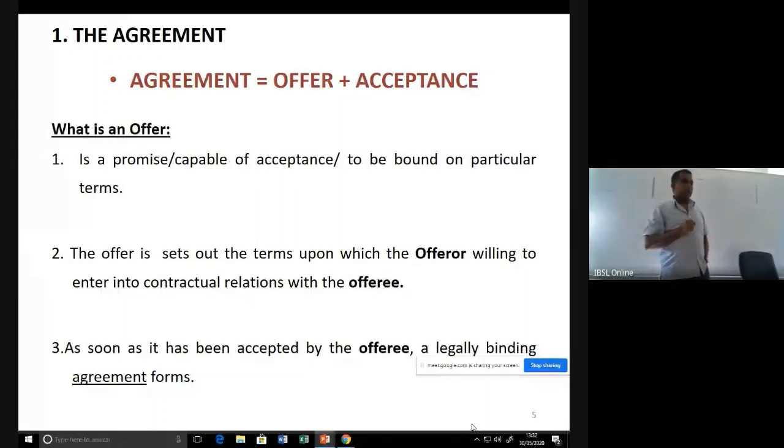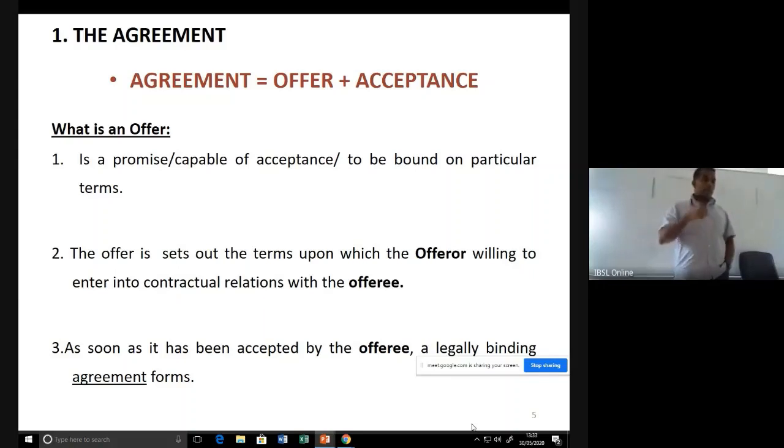Then the offer is a set of terms upon which the offeror is willing to enter into a contract relation with the offeree. The offeror makes the offer to the offeree with the intention of binding himself with the offeree under a contract. So he gives basic conditions or basic terms on which he would like to enter into the contract with the offeree.